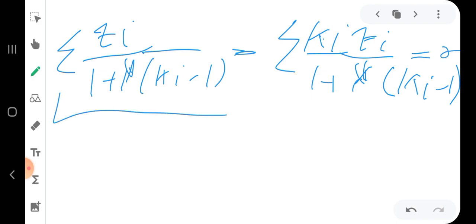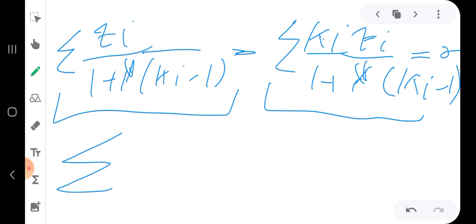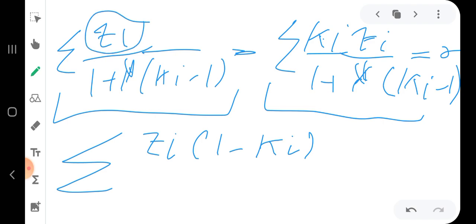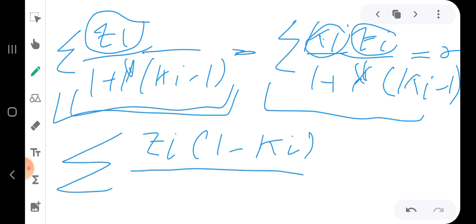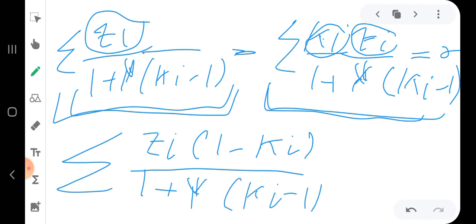We can take a common factor, which will be the summation of zi. I take a common factor zi, so the remaining is 1 minus Ki, over the same denominator, 1 plus psi multiplied by Ki minus 1, is equal to 0.